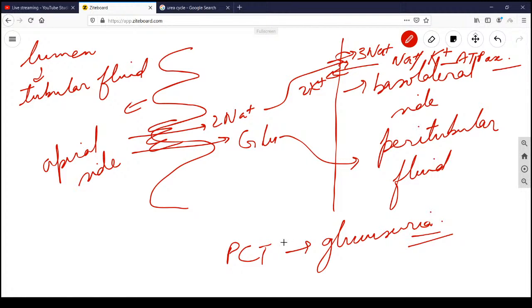And why is glucose completely reabsorbed? In the blood you have 70 to 110 mg per dl, that is the normal glucose level. But the kidneys can absorb glucose till a specific level of almost 198 mg per dl.